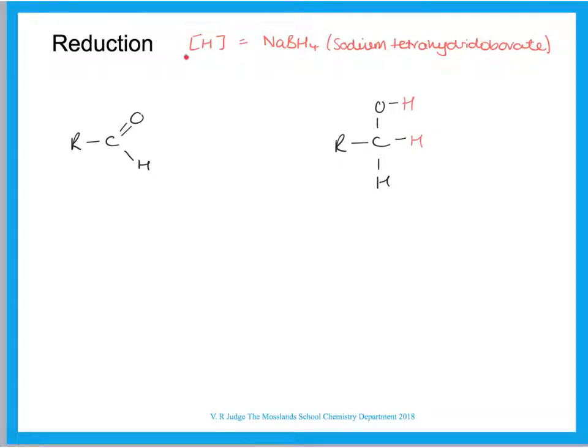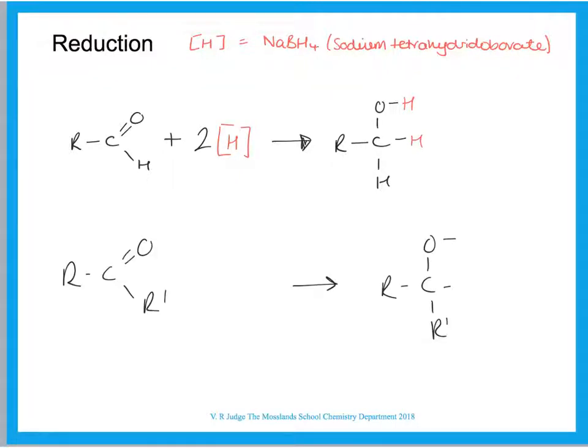So remember, H in square brackets is the reducing agent, but it represents an H- ion, or hydride ion, which is coming from the reducing agent, sodium tetrahydridoborate. So we'll need 2 lots of this to react with 1 lot of this to give us this. So that is how we would write the equation: aldehyde plus 2 lots of the reducing agent gives you a primary alcohol.